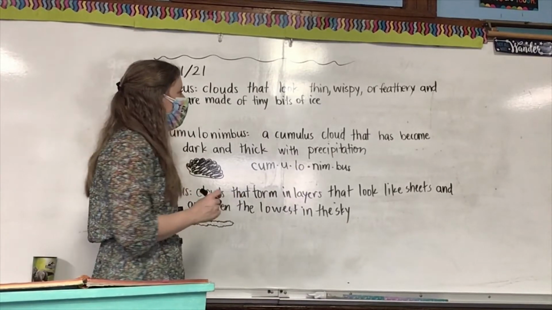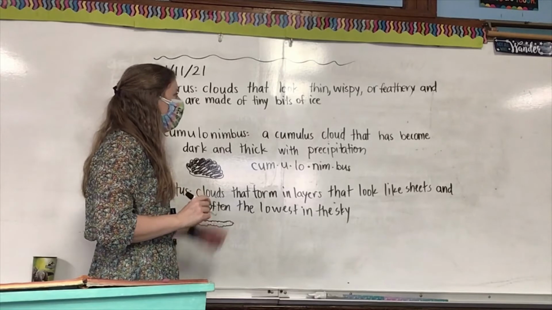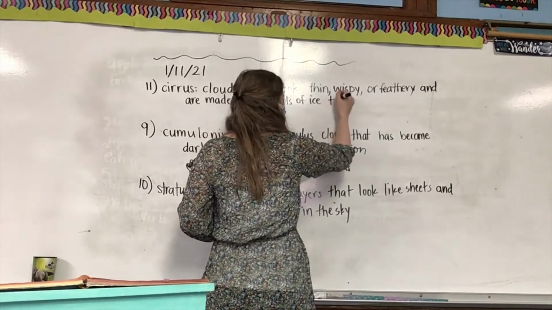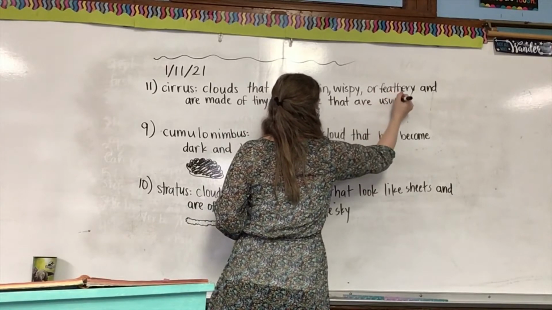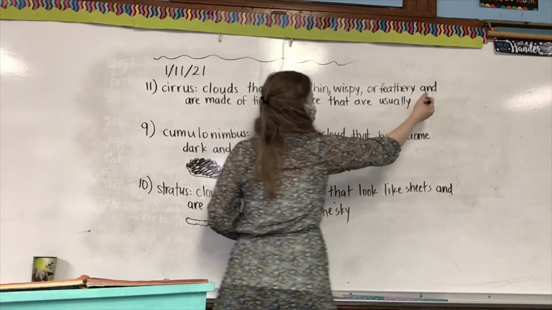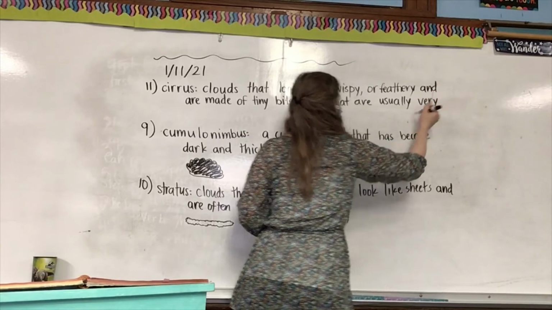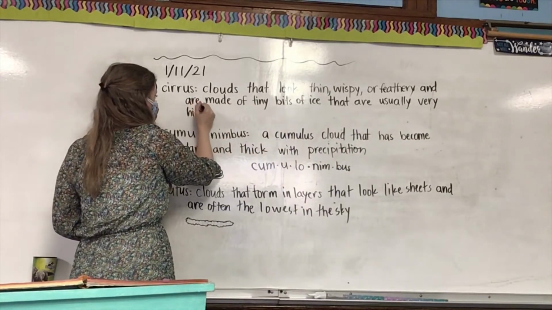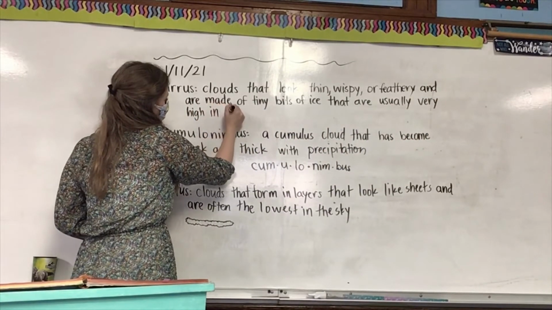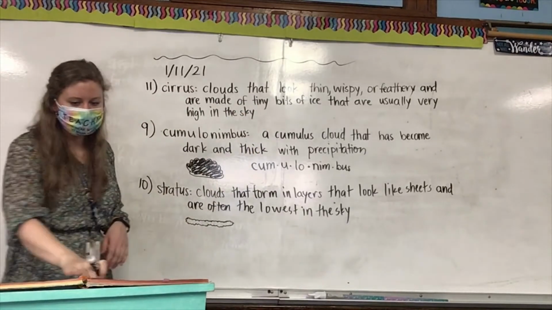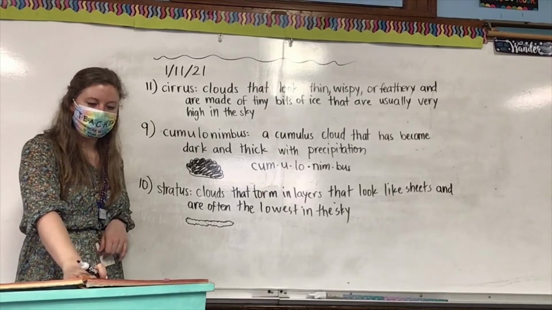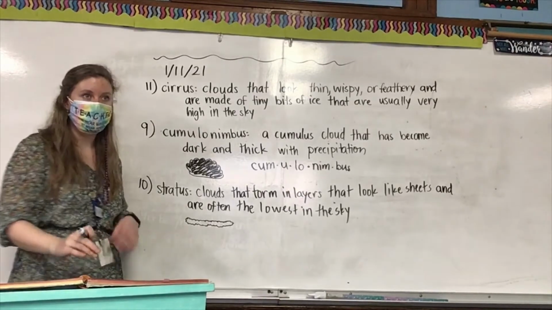So they are clouds that look thin, wispy, or feathery and are made of tiny bits of ice that are usually very high in the sky. We can see the cirrus clouds by looking at the picture on the right on page 328.